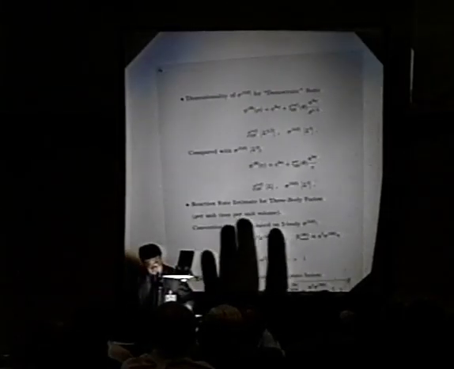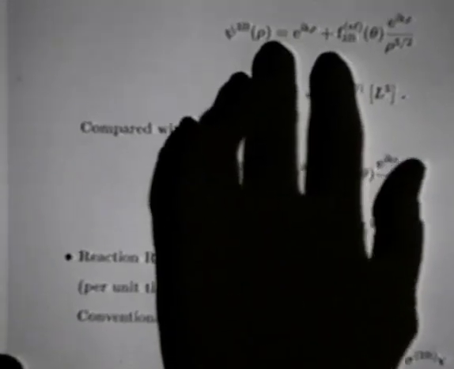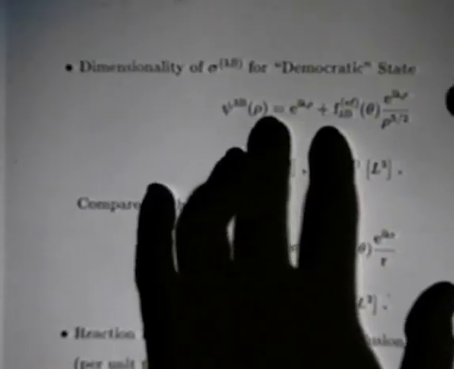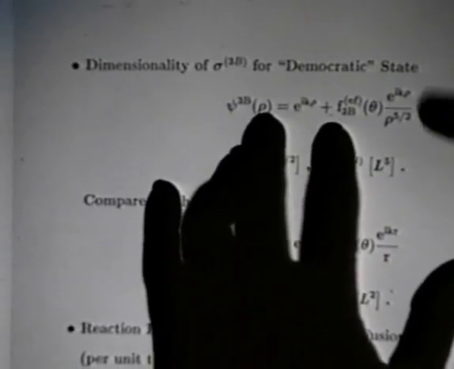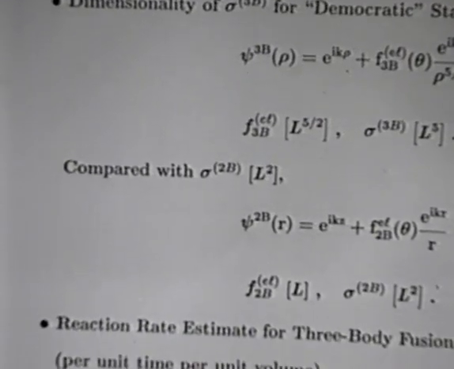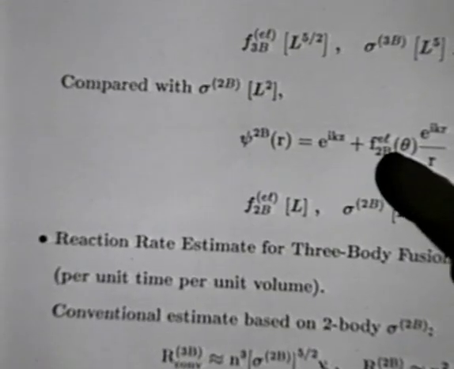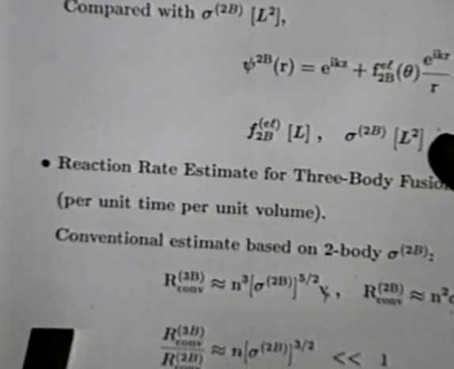Now, what is the implication of that solution? For the democratic state, or true three-body state, the asymptotic behavior of our solution goes like rho to the minus 5/2, whereas the conventional scattering solution goes like 1 over r. That's why the scattering amplitude has dimension of length and the cross-section, its square, is an area.